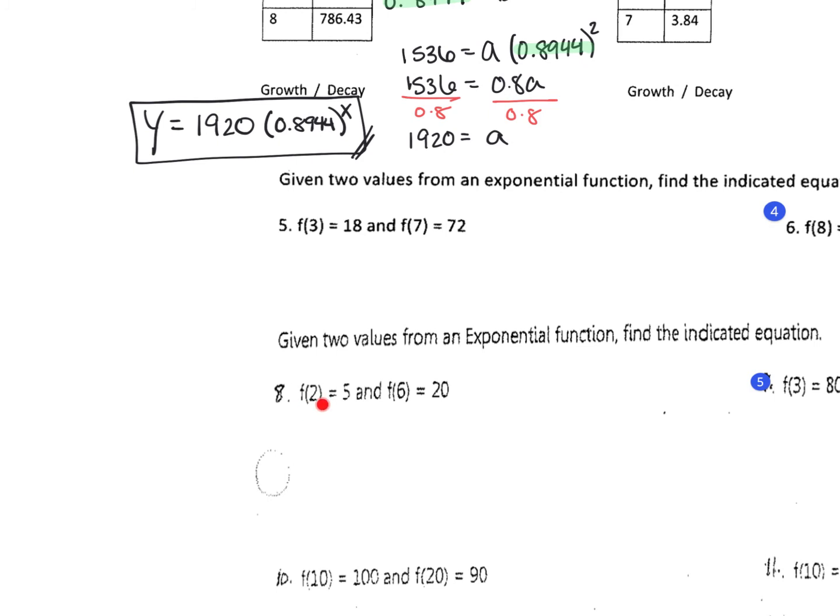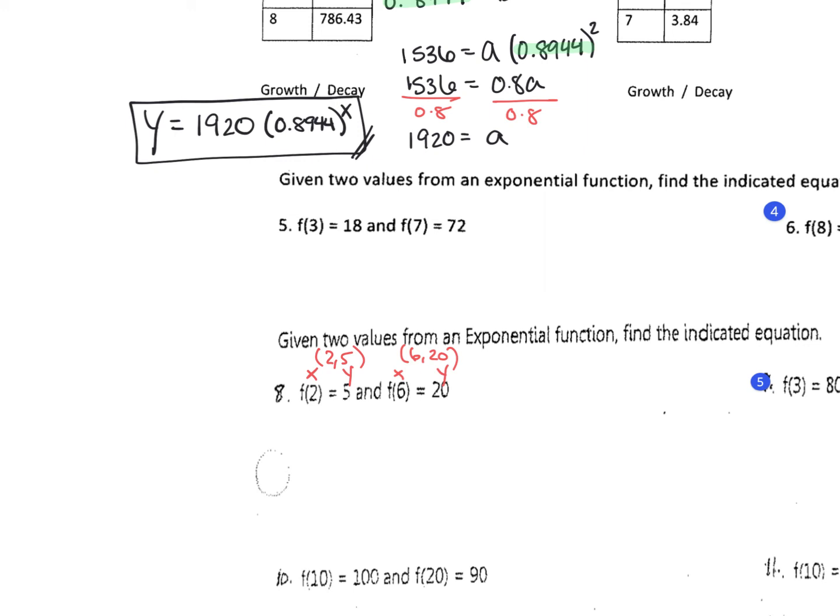It says f of 2 is equal to 5 and f of 6 is equal to 20. Well, remember, whatever is inside those parentheses, that's an x value, and whatever it's equal to is a y value. So these are actually the points (2, 5) and (6, 20).